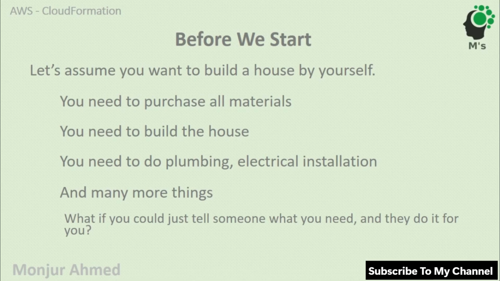Now, if you want to build a house by yourself, of course it's fun, but it might be a hassle. Now, if you could tell someone that you need a house and all the specifications and they do it for you, then you could have a feeling that you have actually automated building the house.